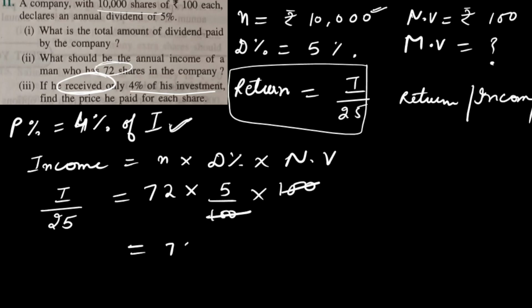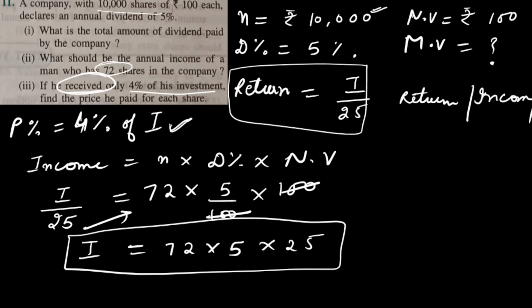So 72 into 5. This 25 also will shift to the other side. So when we shift 25 to the other side, it will get multiplied, right? So this is the value of investment we will get. So the investment formula also we know.